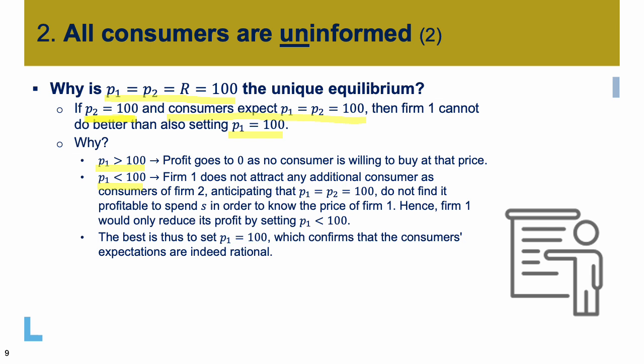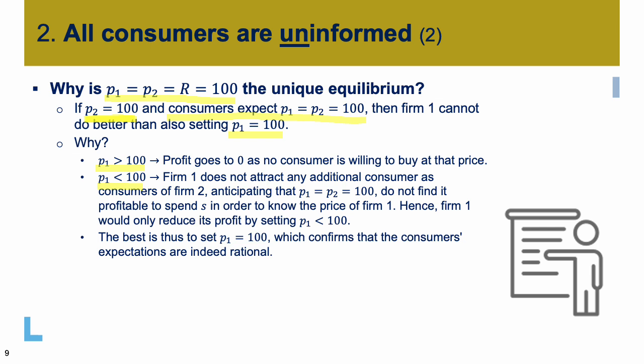But why would they pay the search cost of 2 if they expect both prices to be equal to 100? There is nothing to gain to learn a price that you expect to be as large as the price that you already observe. Okay, so consumers of firm 2 are not willing to pay the search costs. So if firm 1 is setting a lower price, firm 2's consumers are not going to know it.